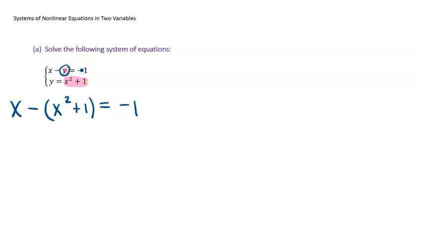Now we just need to solve this equation because if you'll notice, it only has one variable in it, just x's. That's it. So let's simplify this a little bit by distributing this minus sign inside. So this minus needs to go inside with each term. That's going to give me x minus x squared. Then negative times this positive 1 is going to be -1, equals -1.